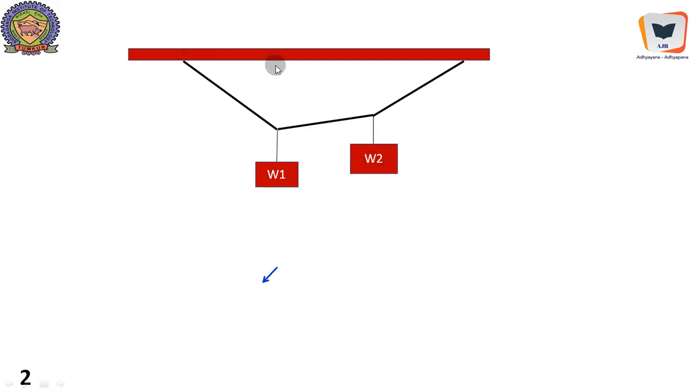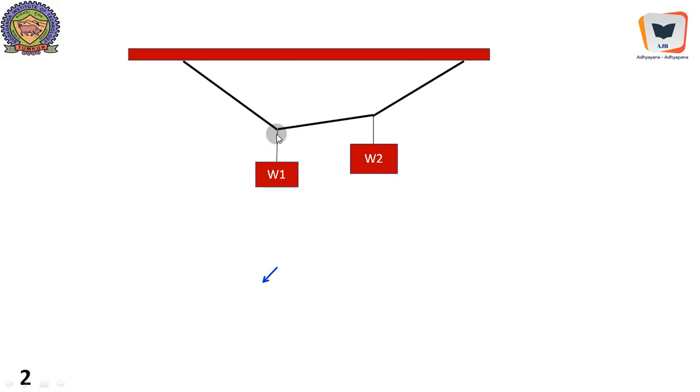Earlier the wire was taut, it was horizontal, and since the loads W1 and W2 are hung, maybe a fan, maybe some kind of a big bulb or whatever, it is going to adjust to a shape which is being shown over here by forming some kind of kink, one here and one here.